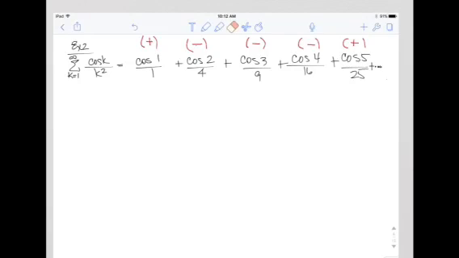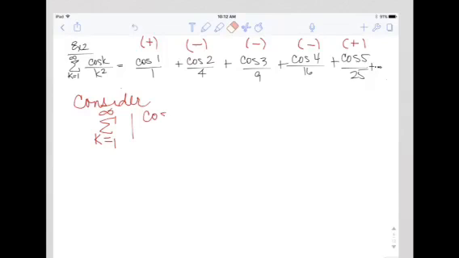So you can still see that this is an alternating series. So now instead, let's consider the sum from k equals 1 to infinity of the absolute value of the cosine of k over k squared.